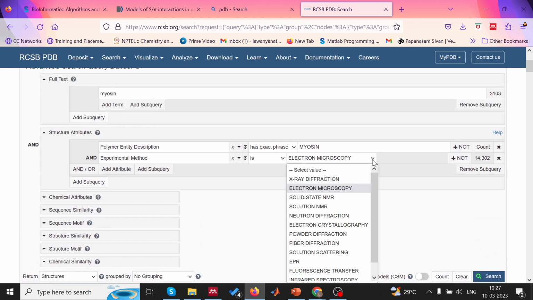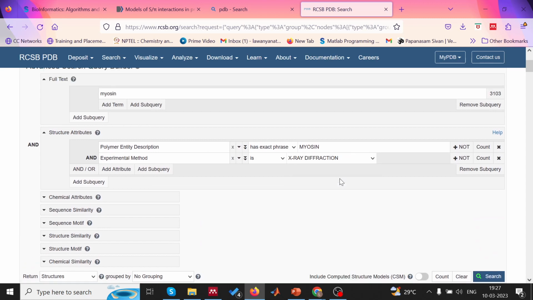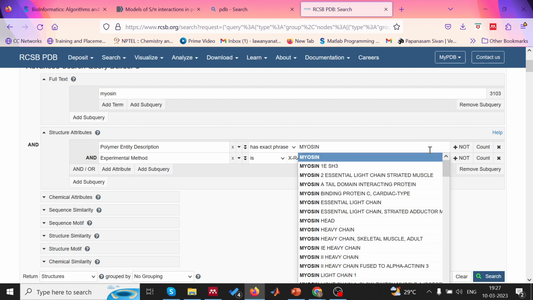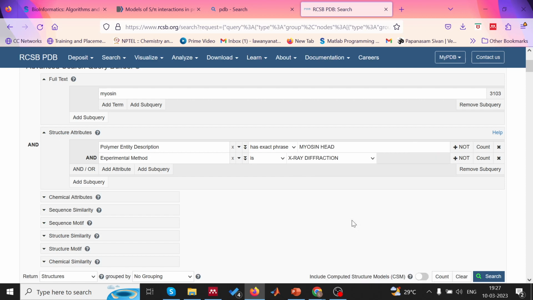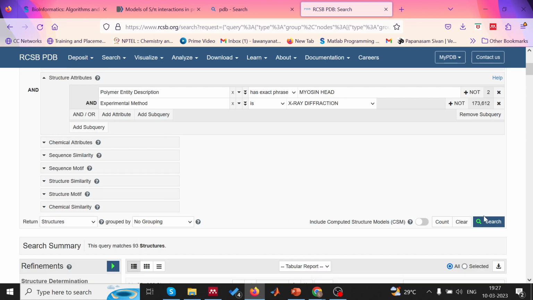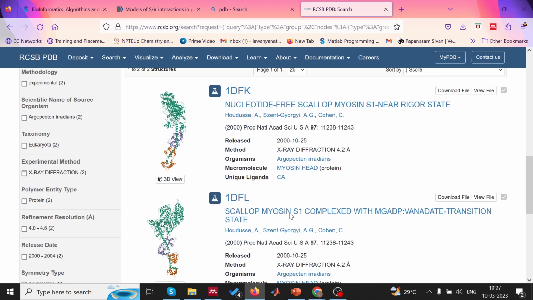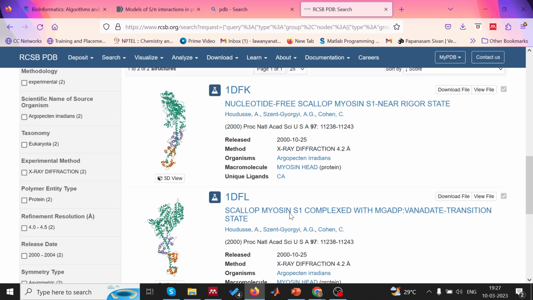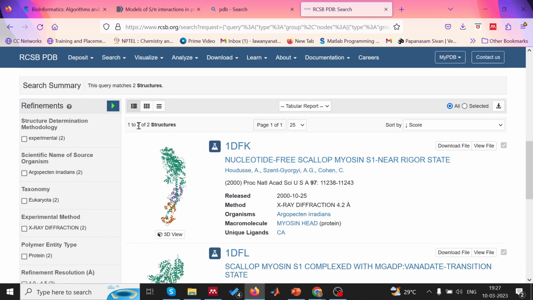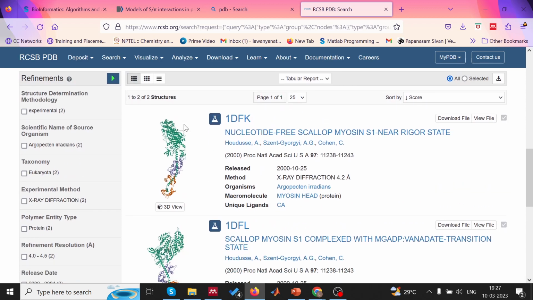Now I'm going to do one thing. I'm going to go back to X-ray diffraction. Instead of myosin, I'm going to again go for myosin head. Now I'm going to count, just two again. Okay, let's see what happens. So both are by X-ray crystallography. So 1 to 2 of two structures.